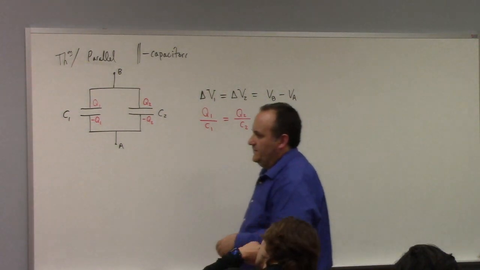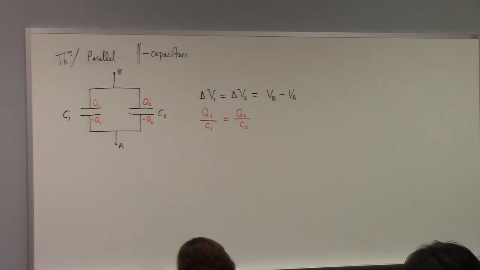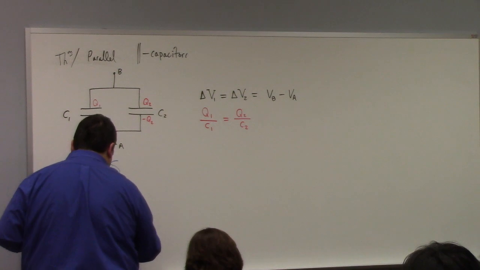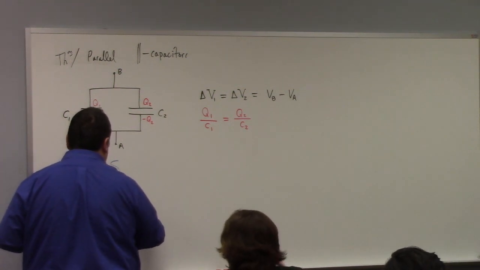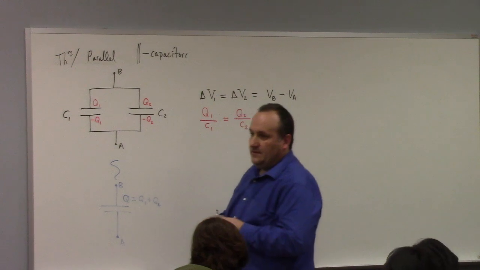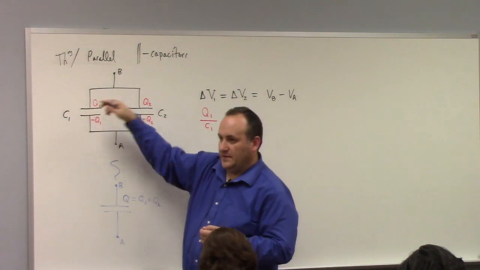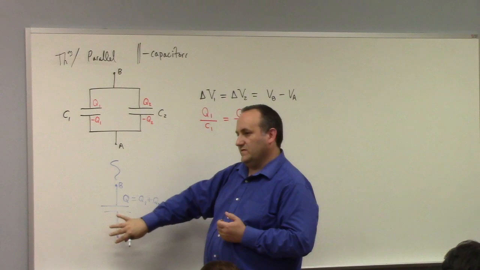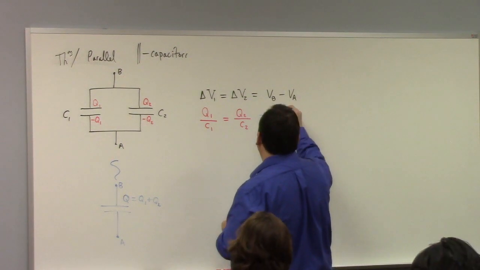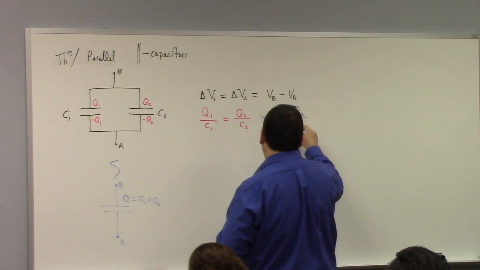If you want to think about this, this would be equivalent to a single capacitor, like this, where we have Q equals Q1 plus Q2 on that plate. The net charge on this capacitor would be the sum of the charges. If you've got charge Q1 on this plate and charge Q2 on that plate, the net charge on the plate, thinking of it as one thing, would be the sum of the charges. So this should be equal to Q1 plus Q2 divided by the equivalent capacitance we're trying to figure out.